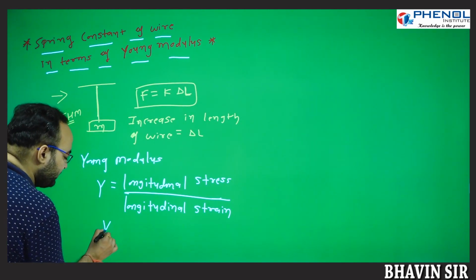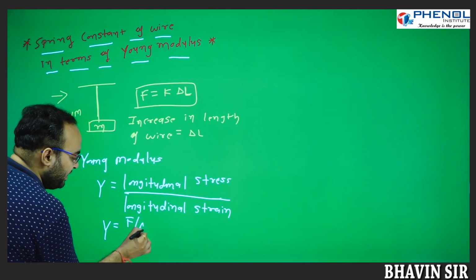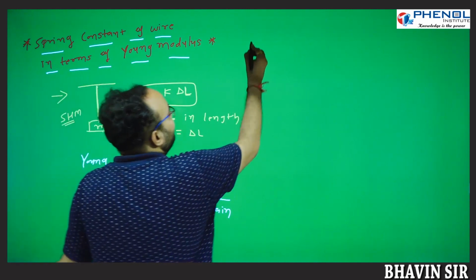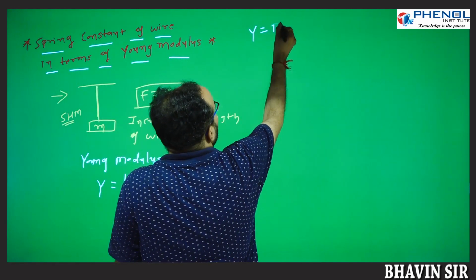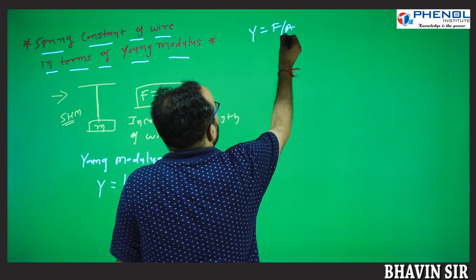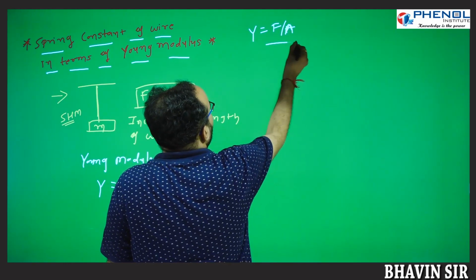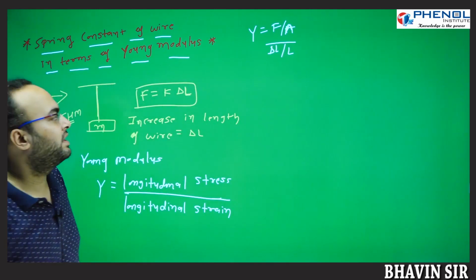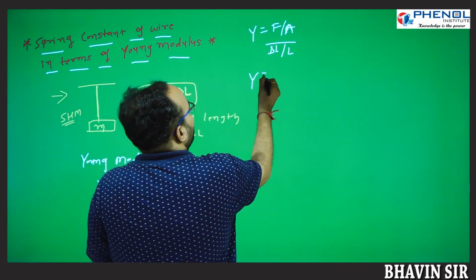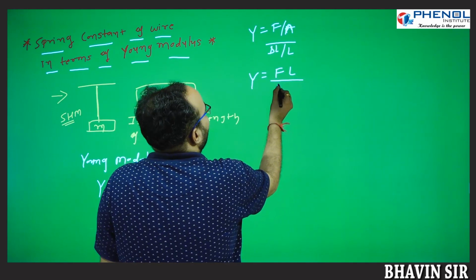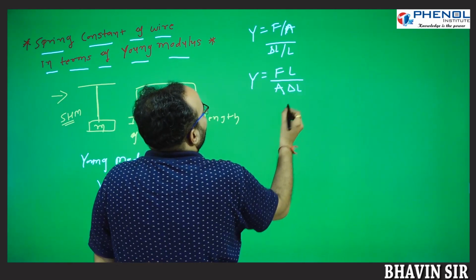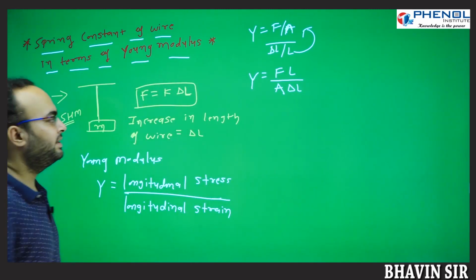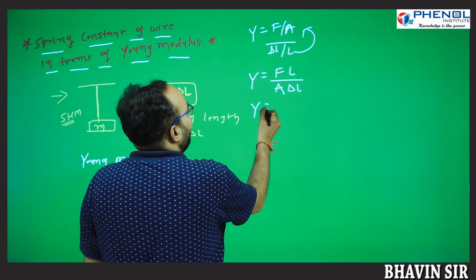Now longitudinal stress means F by A. Just remember the formula students, after that we will discuss in detail. So what is the longitudinal stress? Restoring force per unit area, and strain means change in length upon original length. So FL by A delta L. What is F?